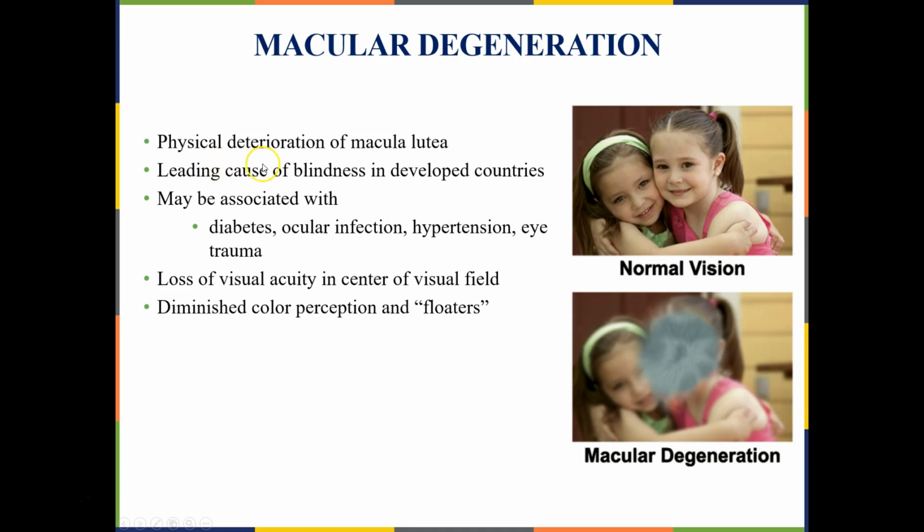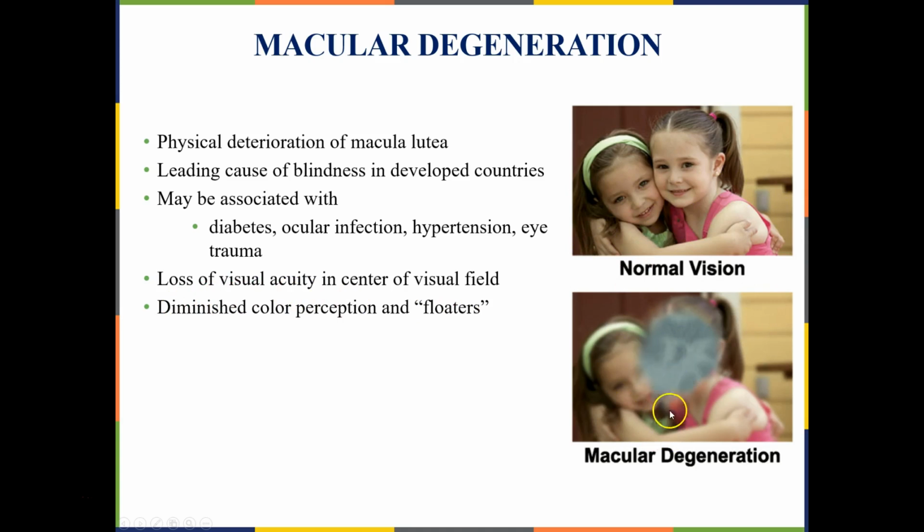Another very common disorder associated with eyesight is macular degeneration. This is probably the most common type of blindness that occurs. It can lead to blindness in developed countries. It can occur because of high blood pressure, diabetes, which these two are often linked, or severe infections.